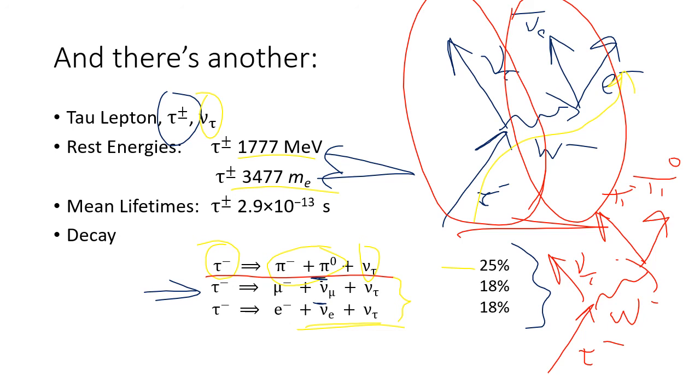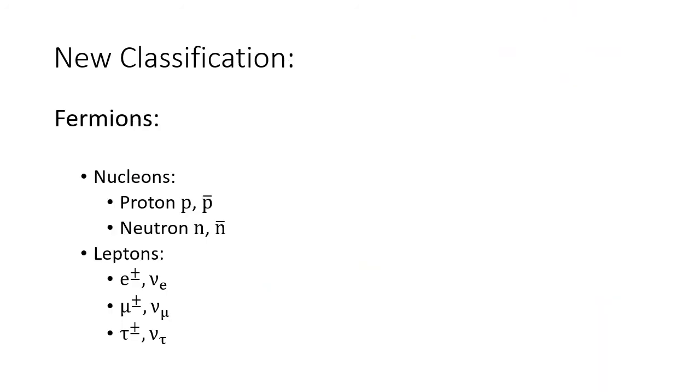So we have 3 generations, 3 flavours of lepton. And so we end up with a new classification. Our fermions have changed very slightly in that they're now, instead of having the electron as a class, the electron is now a flavour of lepton. And we've got 2 more flavours.